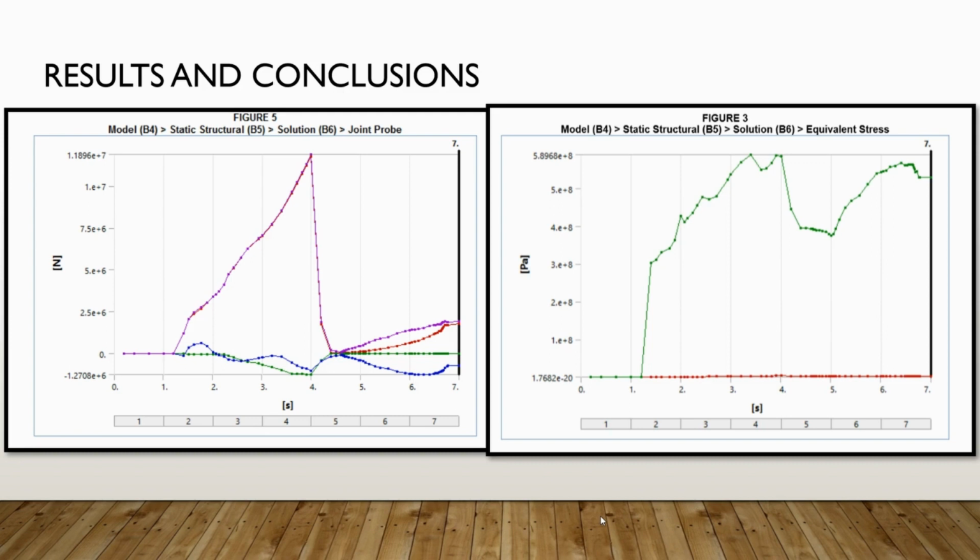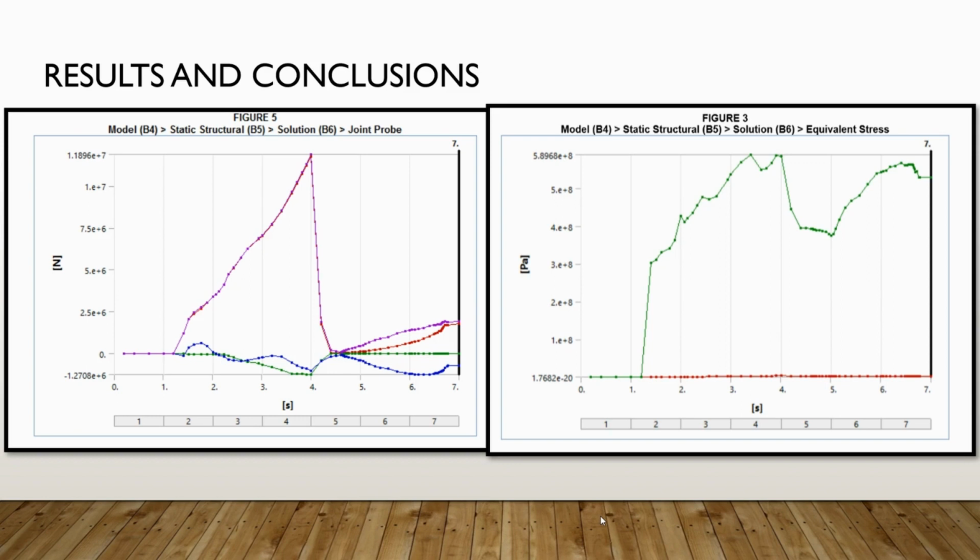Figure 3, the figure on the right, shows the graph between stress and time. The green graph shows the maximum stress, the maximum stress that we have encountered among all of the surfaces of cross sections that we have analyzed, and the red line shows the minimum stress.